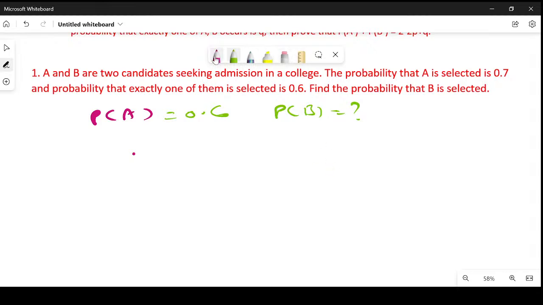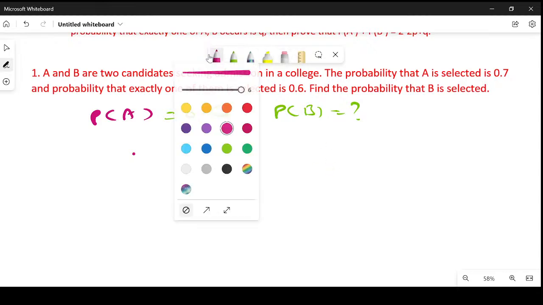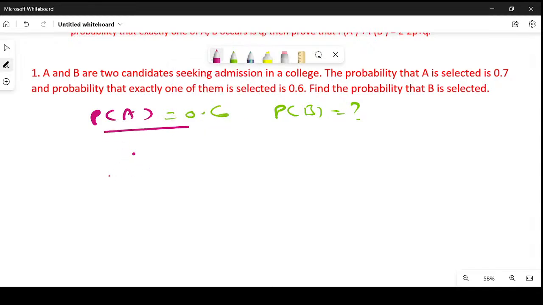But you can see here, P of A we know, and P of B is required. But they are given the probability that exactly one of them is selected.